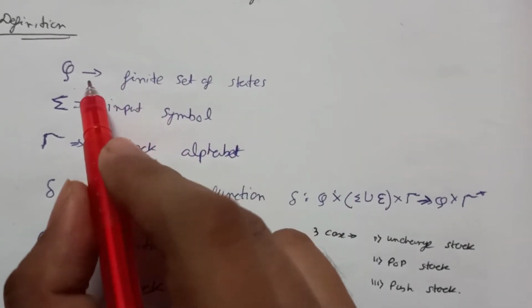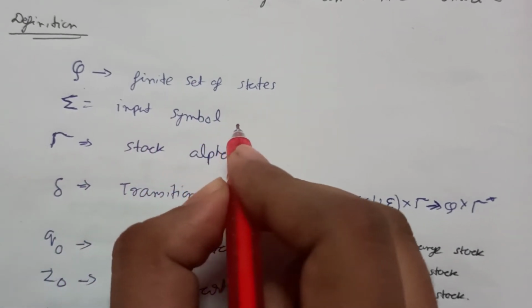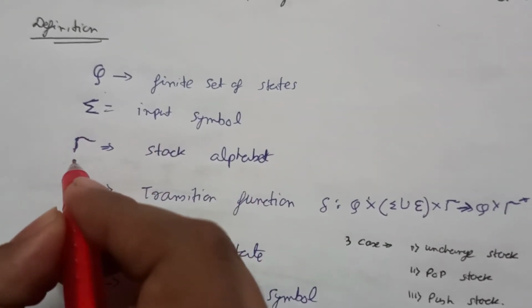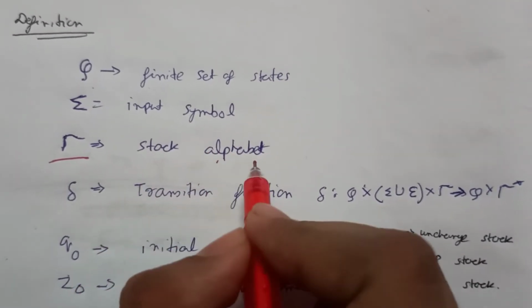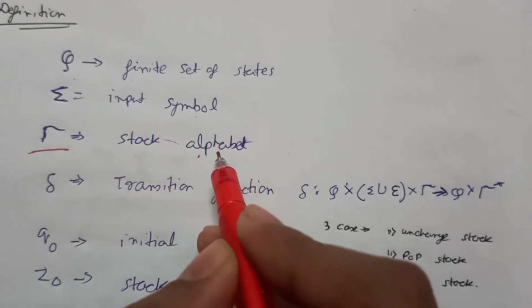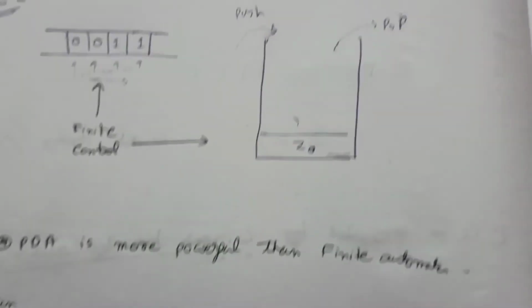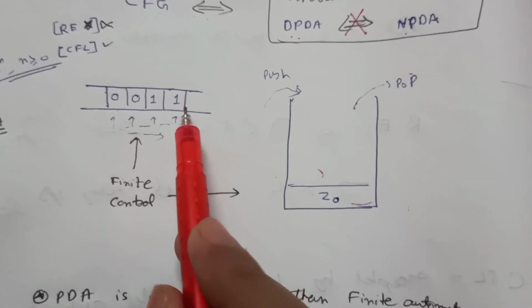You already know that Q is the finite set of states, and this is the input symbols. But here this tau is new. This tau means the stack alphabet, whatever we push in our stack. See here, the input symbols and the stack alphabet are not always the same. Suppose for this automata we have a similar number of zeros and ones.